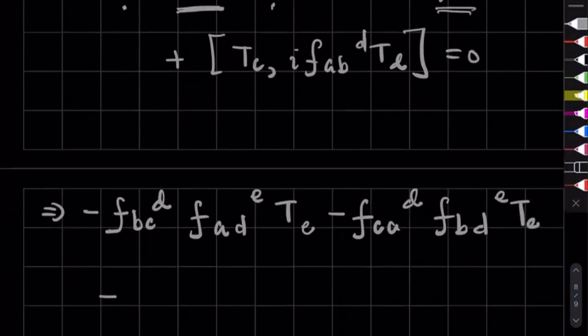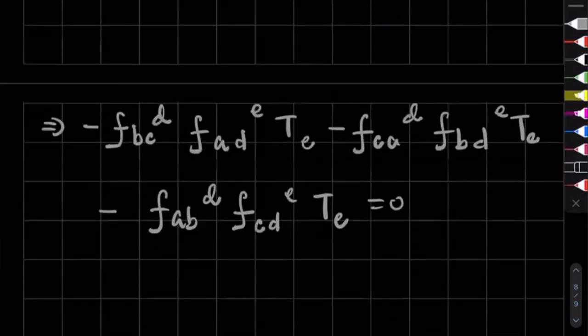And then we have f_ABD f_CDE T_E equals 0. Right? So we have an equation where we have this coefficient times T_E equals 0.